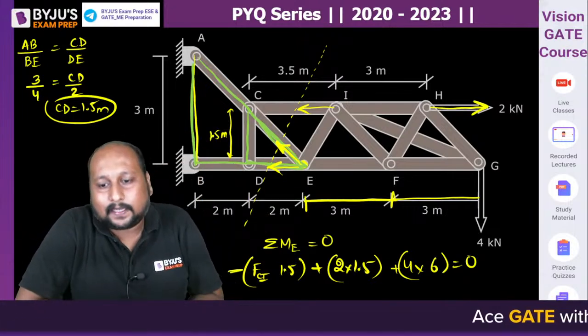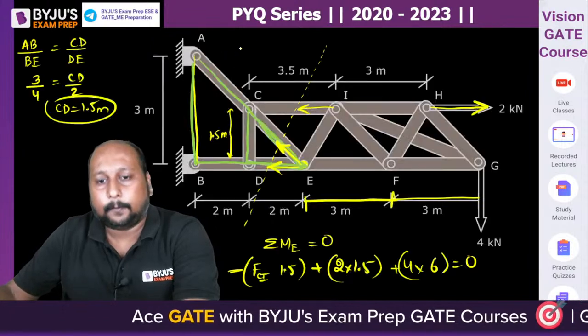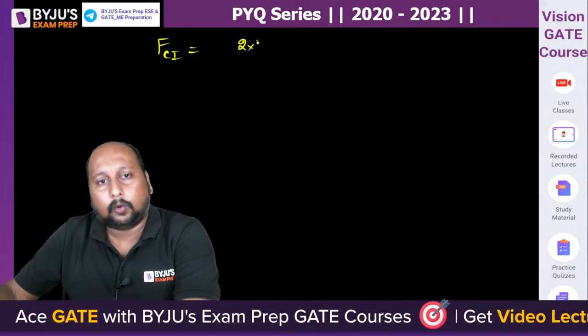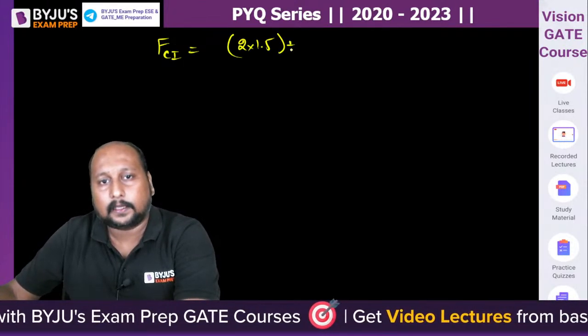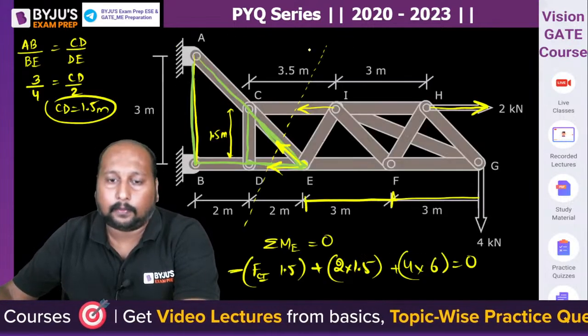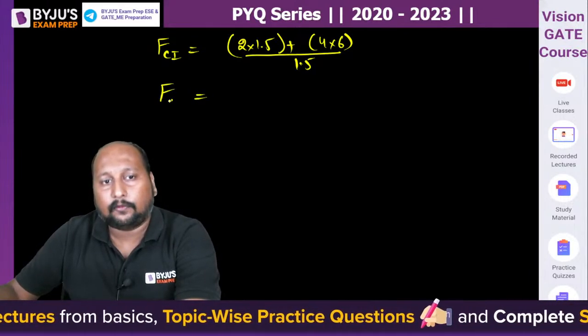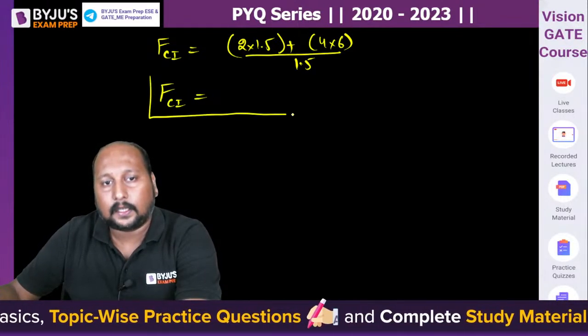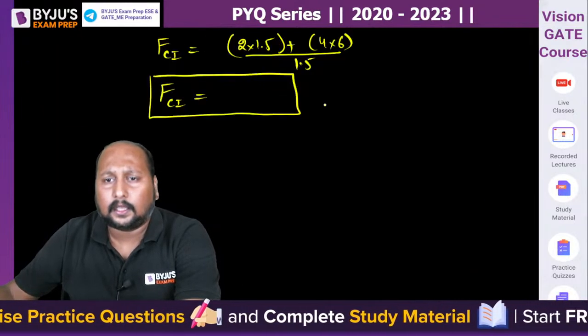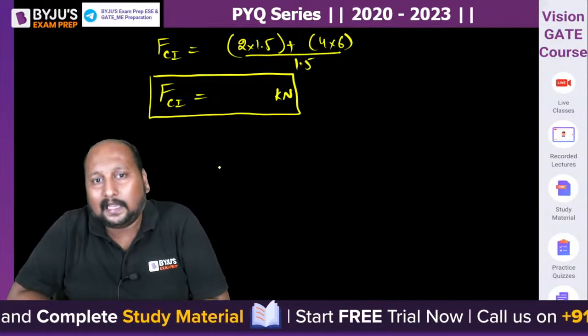So what is FCI? There is no option, we have to calculate an integer. FCI is coming out to be 2 into 1.5 plus 4 into 6 divided by 1.5. So tell me, what is the force in the member FCI? This is in kilonewton. Nearest integer, you can tell me.